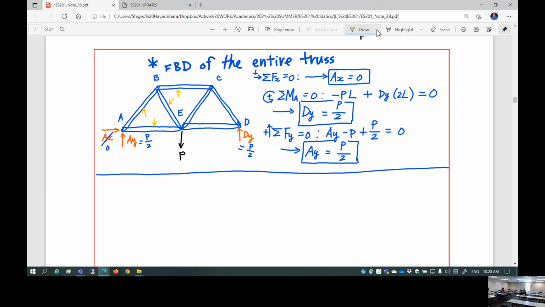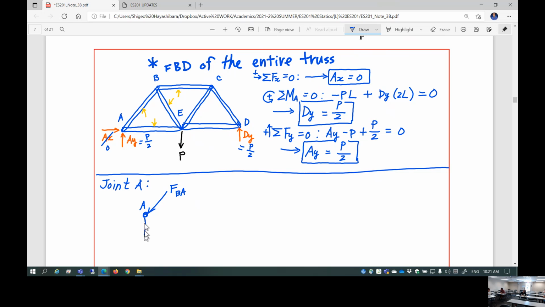So obviously, the very first step is joint A, okay? This is a method of joints. I hate to do that, but I have to do it. Joint A. Okay, so joint A is brought up here. So this is joint A. Now obviously, the force FBA from B to A is applied here.